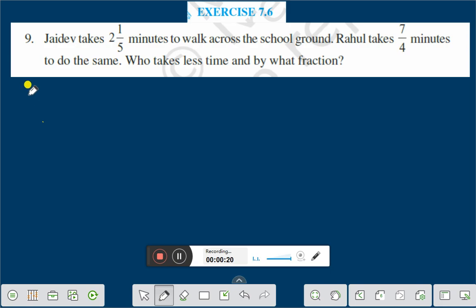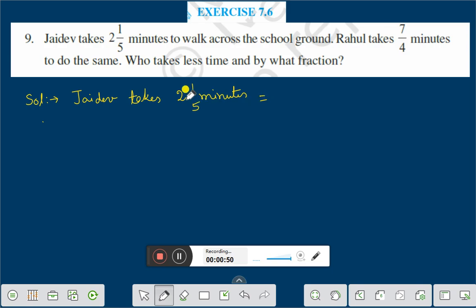That is, Jaidev takes 2 and 1 by 5 minutes. How much is that?